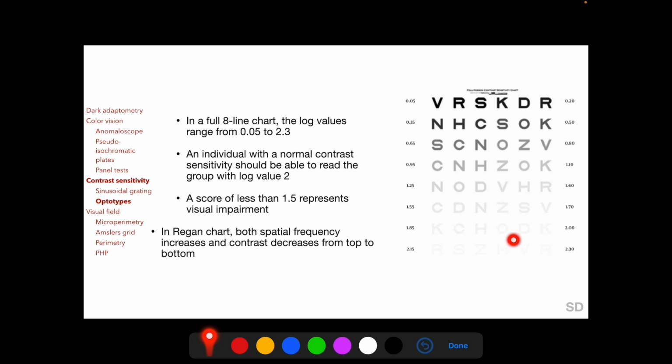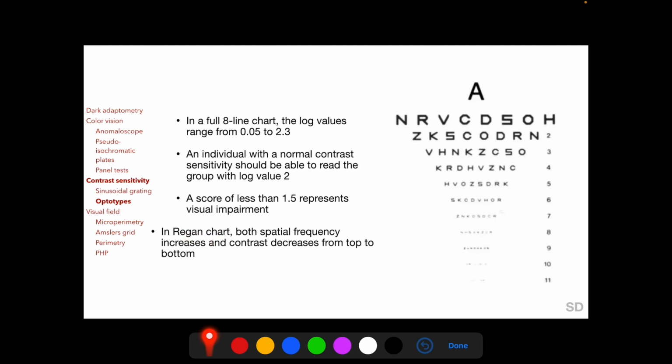In a full 8-line chart, the log values range from 0.05 to 2.3, and an individual with a normal contrast sensitivity should be able to read the group with the log value 2, and 100 is the number whose log value is 2. A score of less than 1.5 represents visual impairment, in which the minimum contrast group which the patient is able to read is this one or a group with a higher contrast.